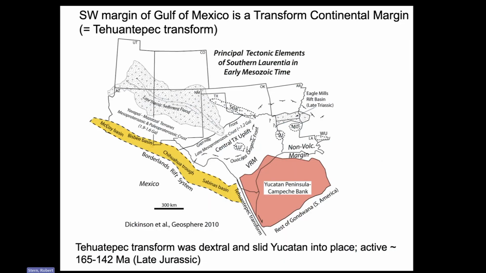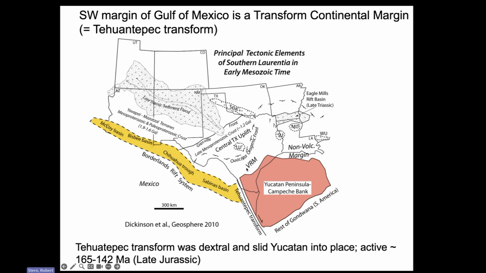All right, so this is the way we see it. This is from a paper that I wrote with Bill Dickinson, one of the most remarkable sedimentologically oriented tectonicists, and what we worked out from the detrital zircons was that there was this late Triassic sediment flood from an uplift in central Texas. It's called the Dockum section in Texas, and then it becomes the Chinle in New Mexico and Arizona.